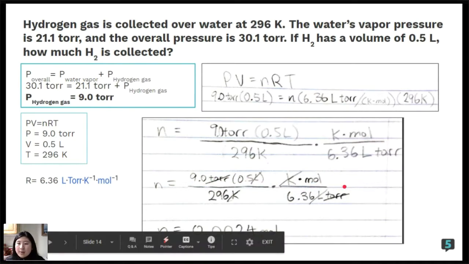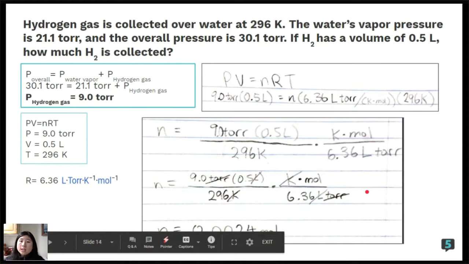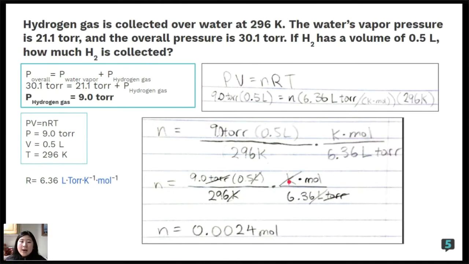This is very easy to get messed up on, especially if there are lots of steps to an equation. And I know that when I was taking the AP Chemistry exam, there were certain problems that had lots of different steps. Because I was able to keep track of the different units and make sure that I have the right unit for each step of the equation, I'm more confident moving on.